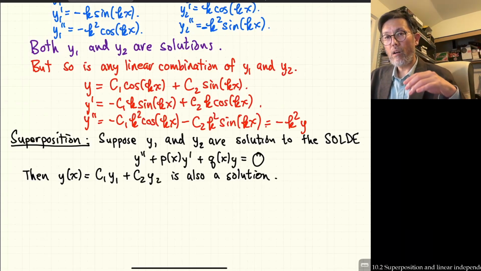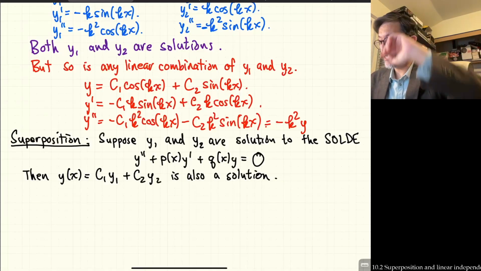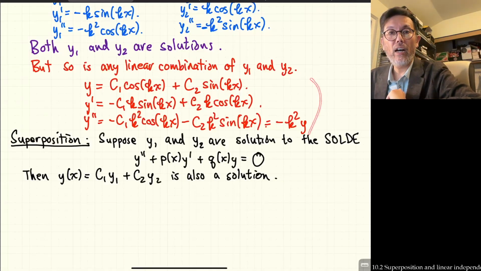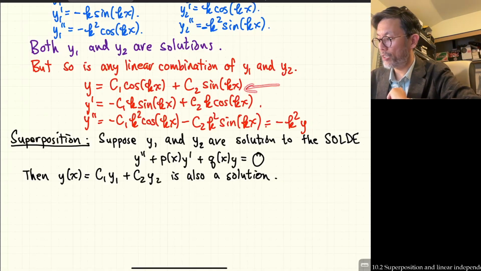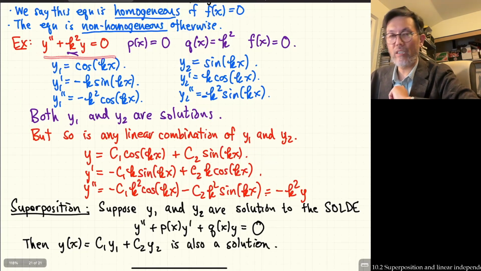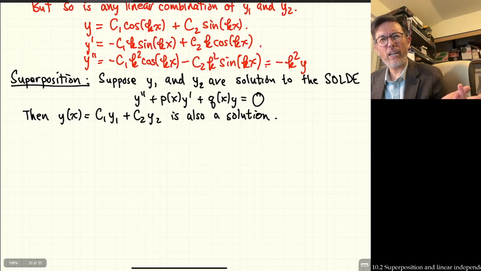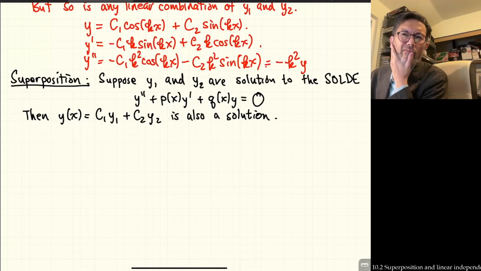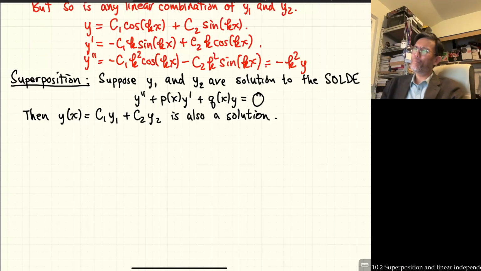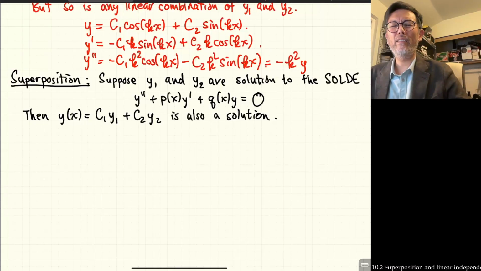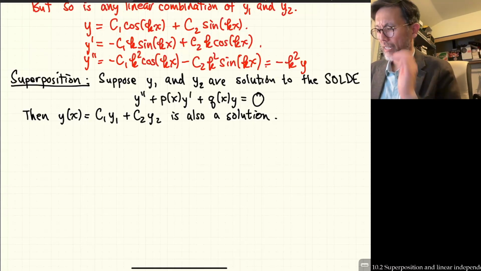Okay, cool. And we could justify this in much the same way that we justified that this superposition of cosine kx and sine kx was again a solution to this differential equation. Should I? Dare I? Maybe it is worthwhile to do this. Okay, I will.